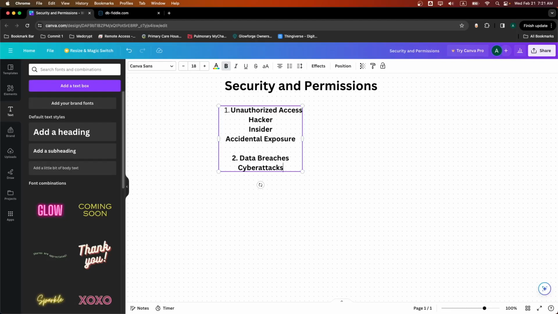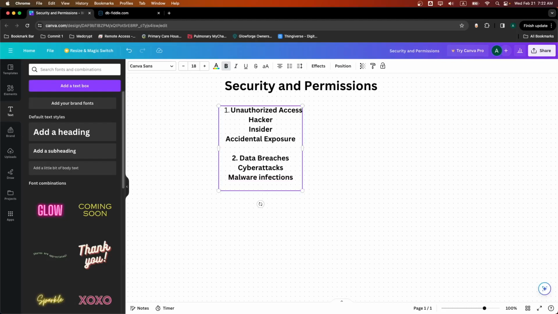Then we have malware infections. What that means is, if there is malicious software planted on your system and trying to get hold of the data, or the system, like the databases, being held hostage for ransom, that's going to be considered a malware infection.